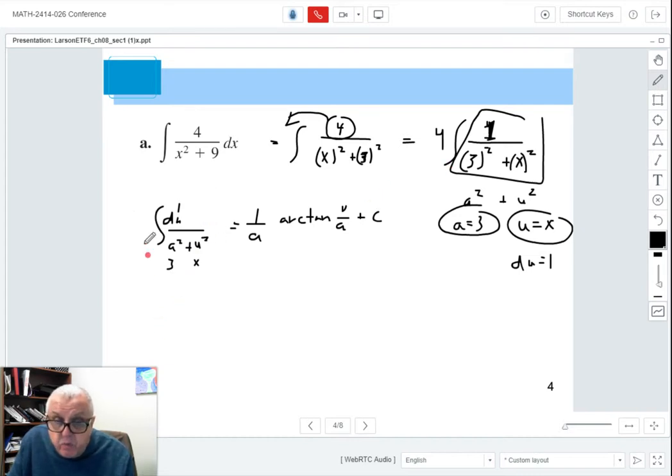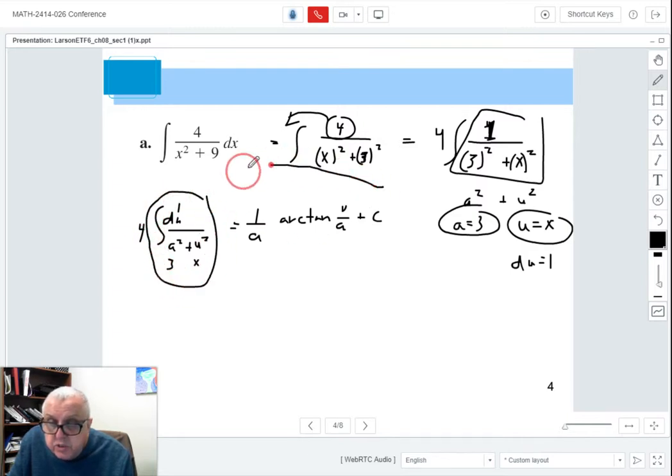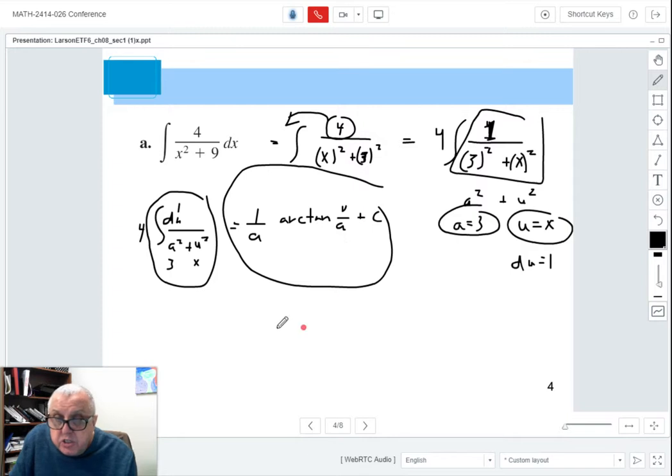And we have a 4 in front. So let's just change this part to this part. So a is 3. 1 over 3, arctangent, that's funny, my R's look like N's and my N's look like R's. And I should have a C in there.